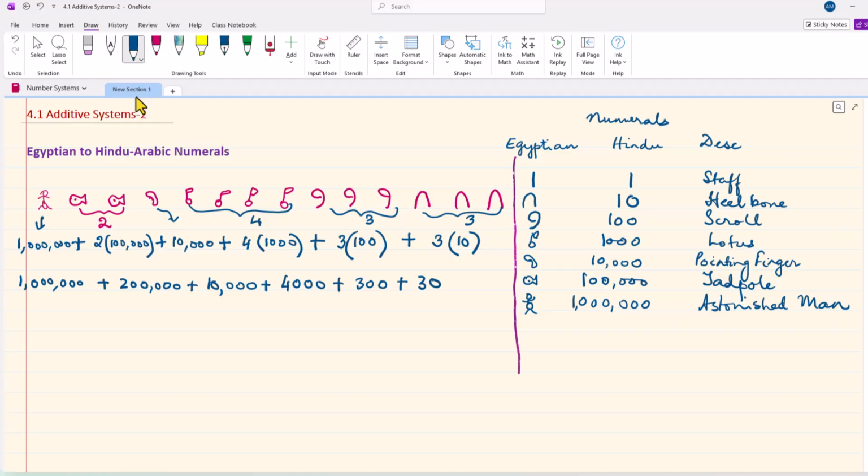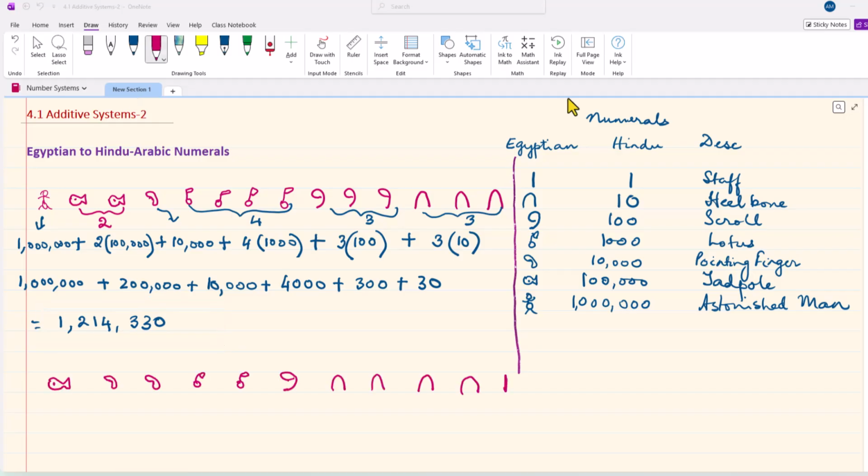And then finally you add them all up together to get a value of 1,214,330. That's the Hindu equivalent of this entire numeral string in Egyptian.